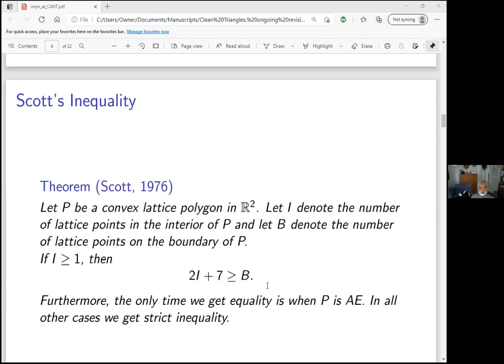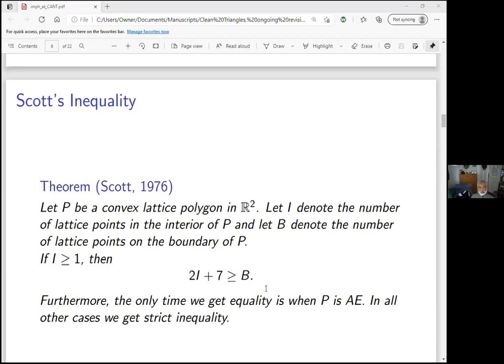Okay, and in fact, our example is a kind of extreme case. It's only then that you get equality. Otherwise, it's always a strict inequality. So that's why that's a really lovely triangle, in my opinion.